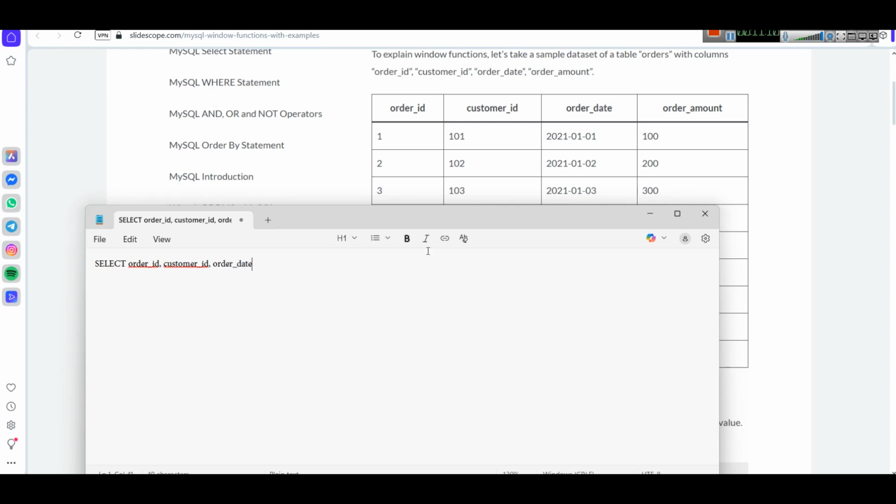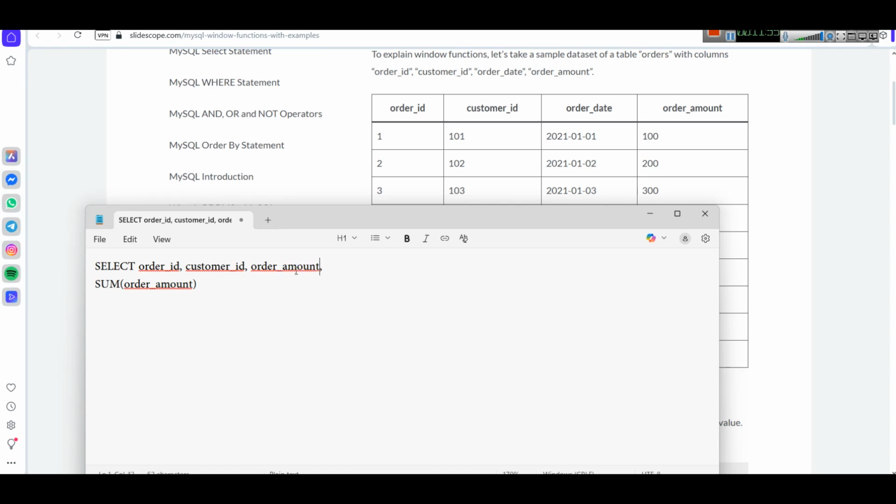So we are doing order ID, customer ID, order date. Then fourth value will be your running total. To find that, you will write sum of order amount over, and you can actually write order amount here. By mistake I wrote order date.